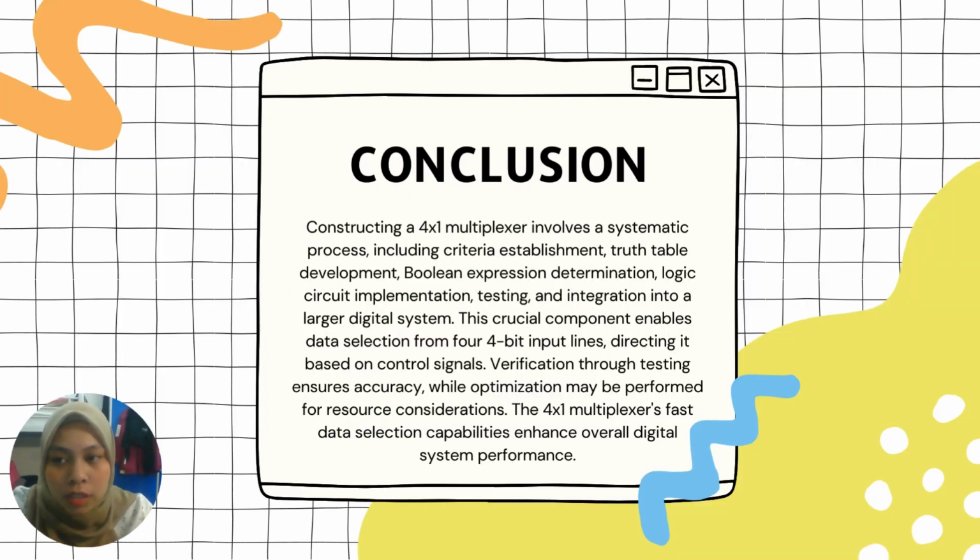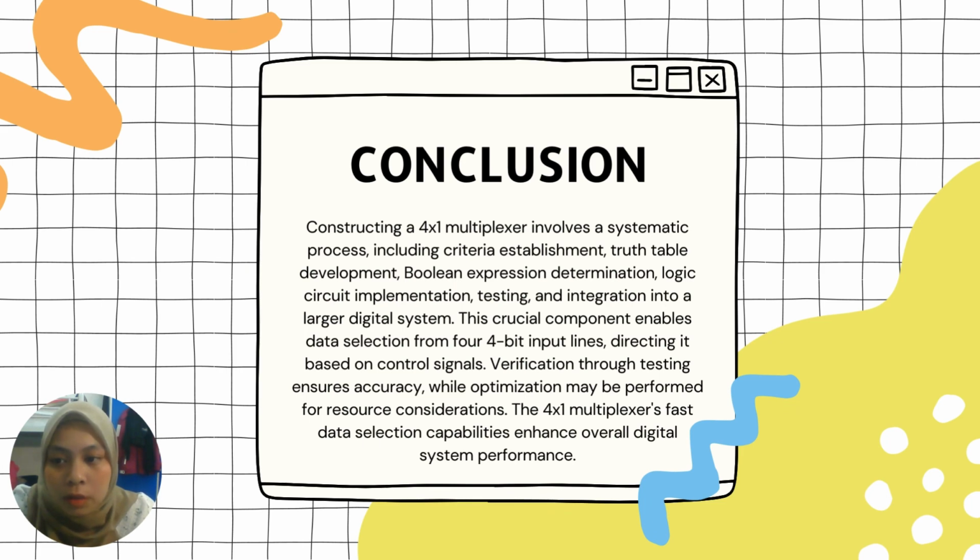In conclusion, constructing a 4 to 1 multiplexer involves a systematic process, including criteria establishment, truth table development, Boolean expression determination, logic circuit implementation, testing, and integration into a larger digital system.